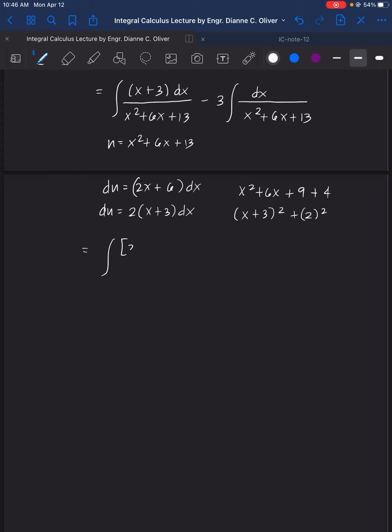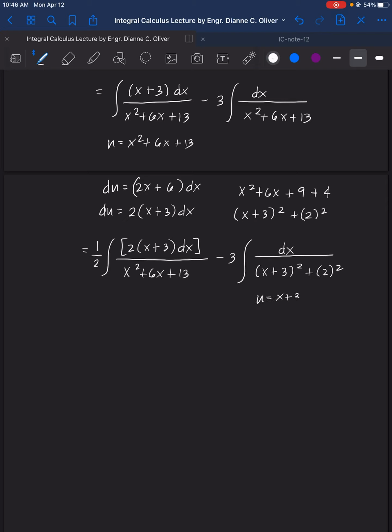So we have here 2(x plus 3) dx. Compensate by having 1/2 here, all over x squared plus 6x plus 13 minus 3 integral of dx all over x plus 3 squared plus 2 squared. Having u here as x plus 3, du is equal to dx. Then we have here a is equal to 2.